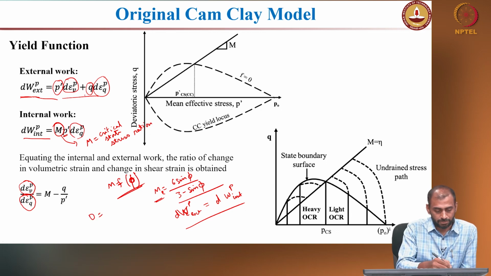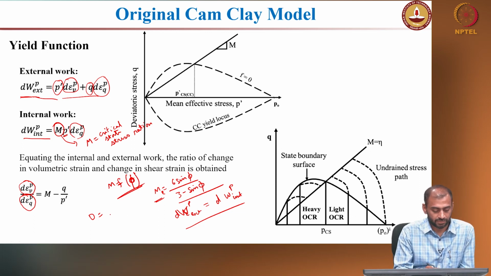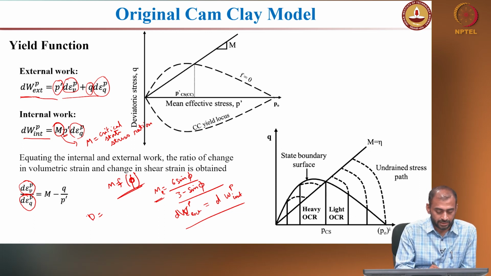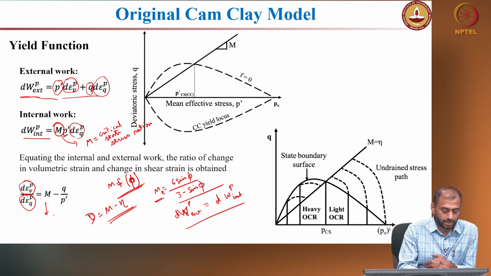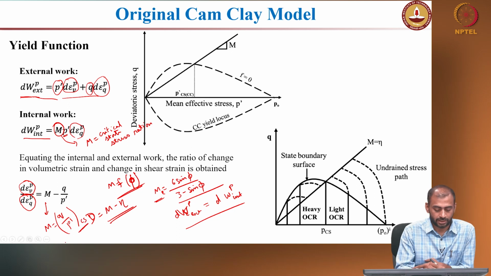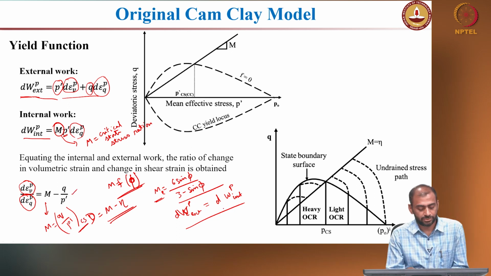So, from equating the internal work and external work, you will get the dilatancy, which is M minus eta. M is equal to q by p prime at critical state, but this is at any stress ratio.